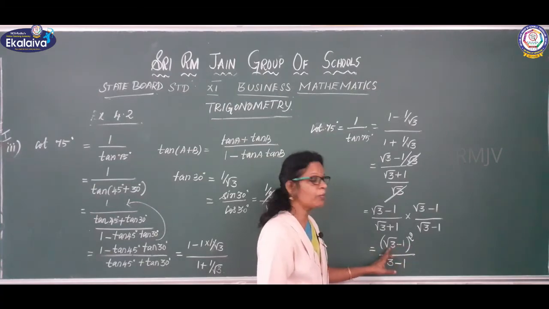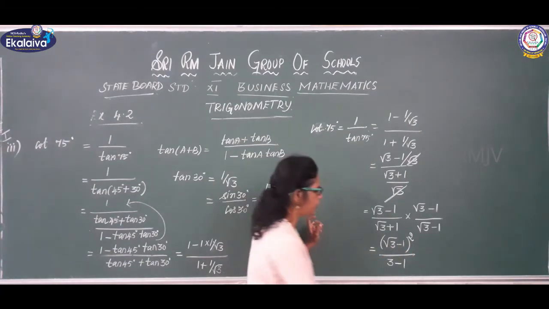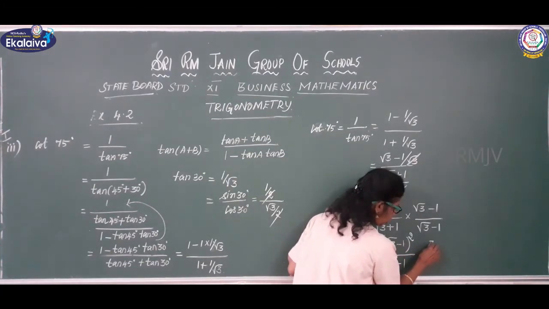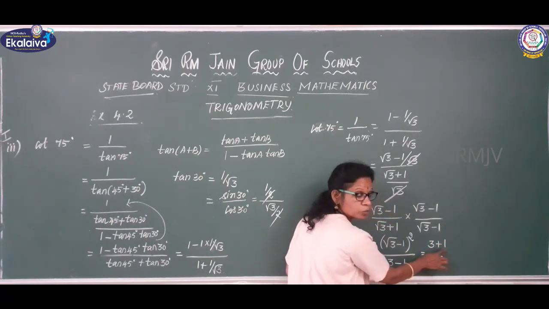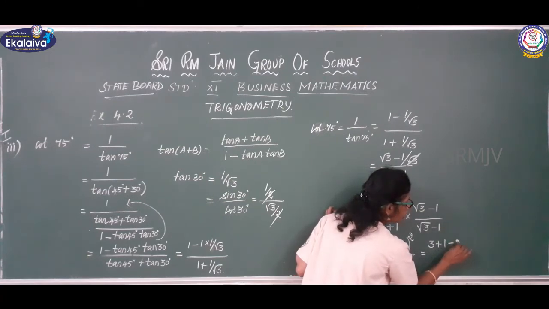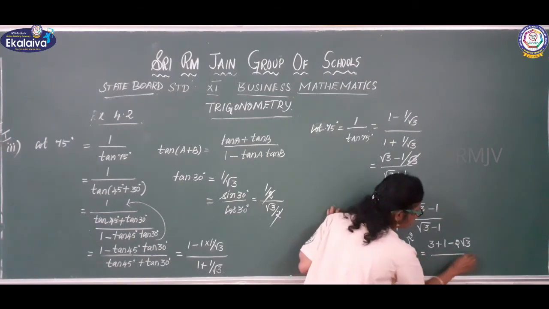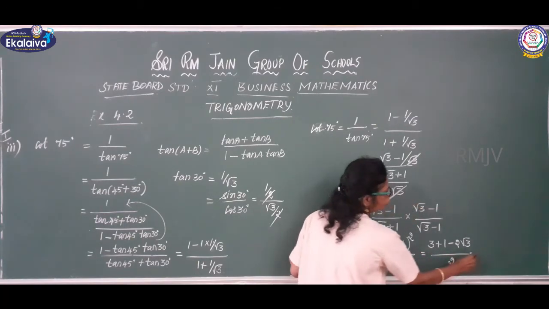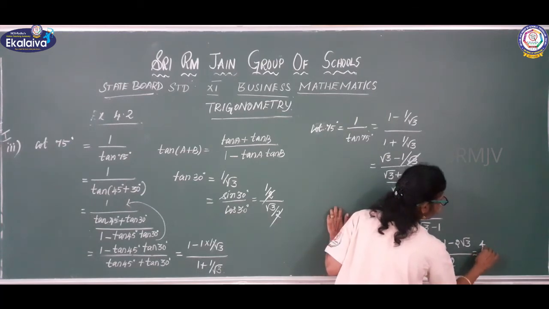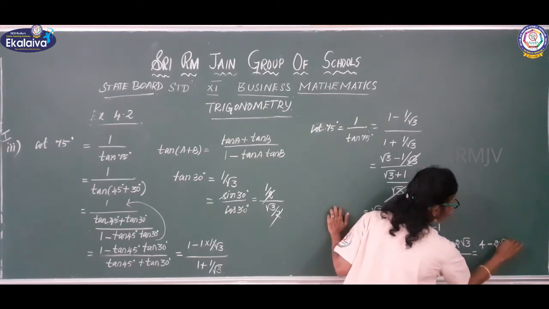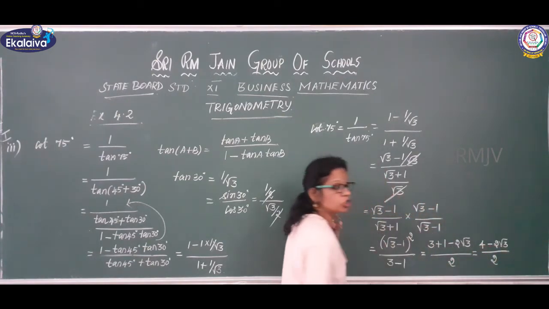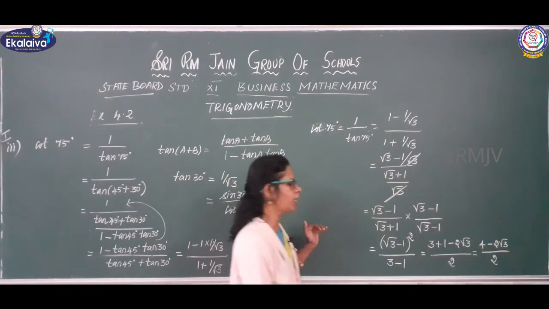Now, this one I am going to expand. Root 3 minus 1 the whole square, a minus b the whole square identity. That means 3 plus 1, a square plus b square, minus 2ab, that is 2 into root 3 into 1, divided by 2, which is equal to 4 minus 2 root 3 divided by 2. In both the terms 2 is common, so you can take it out.